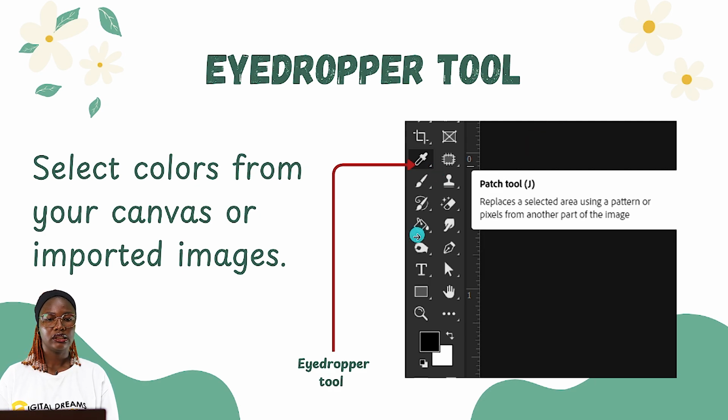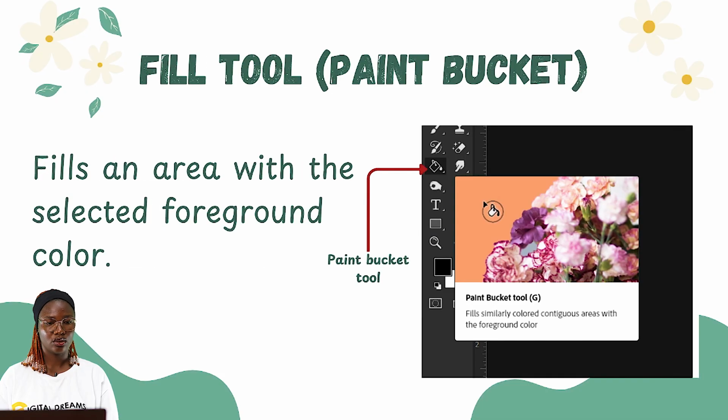Then we have the fill tool or paint bucket tool. It fills an area with the selected foreground color. How this works is, if you can remember what we did, you first change your foreground color to the color that you want. Then you pick the paint bucket tool and just fill the background with the color that you have selected.